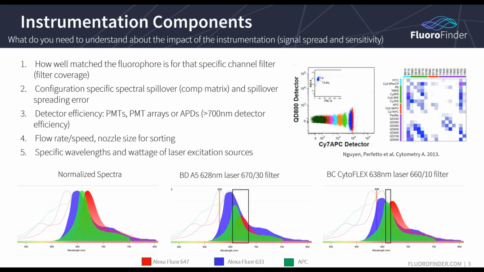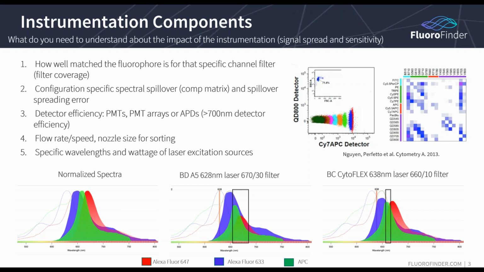We only use normalized spectra where each peak is brought up to 100%, no matter what its brightness is or anything like that. And we did that, especially in microscopy, to match filters, to say this filter is more optimal for this particular fluorophore, because they can often shift even just by 5 to 10 nanometers, and it can make a difference.